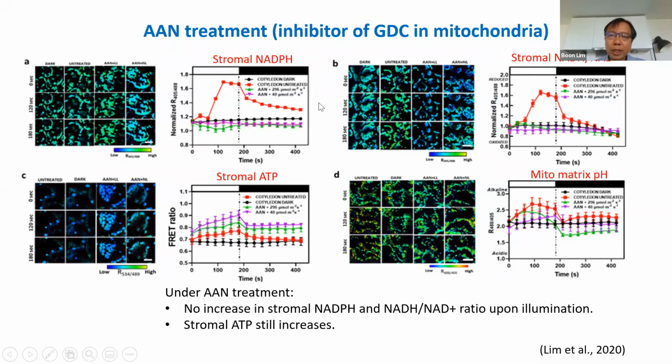So there is no increase in reducing equivalents in the chloroplast when AAN was applied. But the stromal ATP increase still happens, and also in the mitochondrial matrix. So under AAN treatment, there is no increase in stromal NADPH or NADH-NAD ratio.